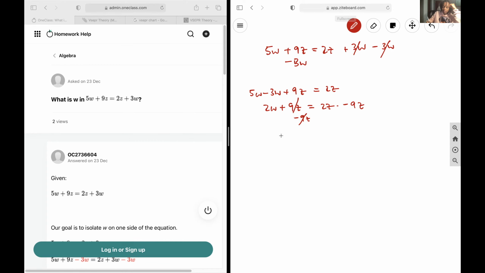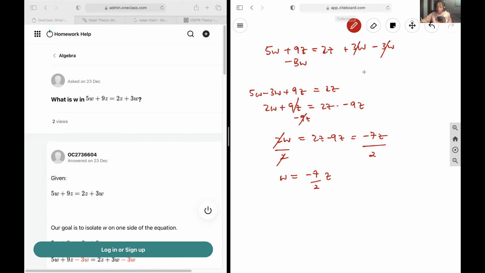These two will cancel. So 2w is equal to 2z minus 9z, and that is going to give us negative 7z. And then lastly, we divide out the 2 on both sides in order to enable them to cancel. So w is equal to negative 7z over 2.